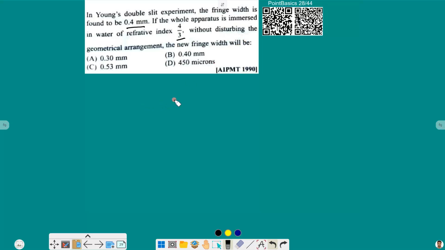So we know that fringe width beta is equal to lambda D by small d, and if we immerse it in water, lambda changes, and we can say beta inside water becomes lambda by mu into D by small d. Now we divide both of these, so we get beta by beta w is equal to mu, and from this beta w is beta by mu.